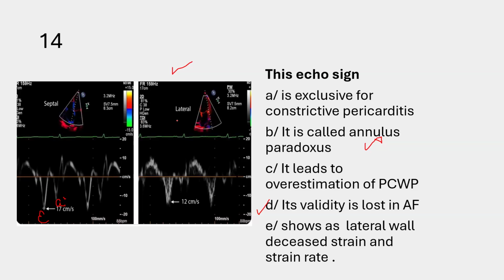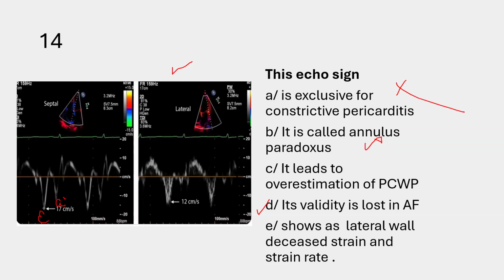In this case, lateral E prime is faster than the septal E prime. But what makes the septal E prime faster than the lateral E prime? Constriction and lateral infarction. So it is not exclusive of constriction.